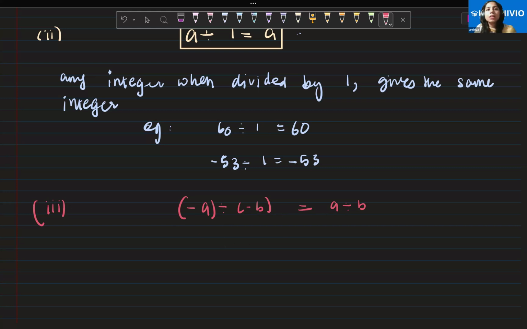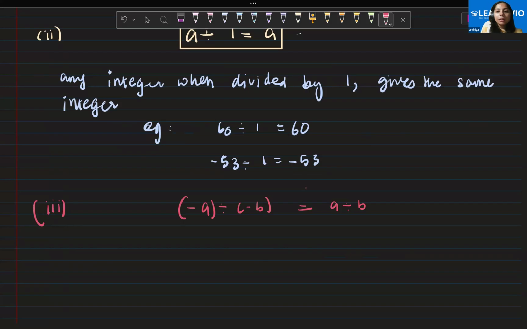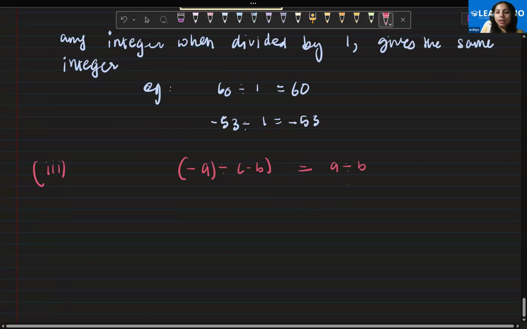Is it clear what this means? Yes, ma'am. Okay. And remember that b is not equal to 0 here. So you can just write b is not equal to 0.